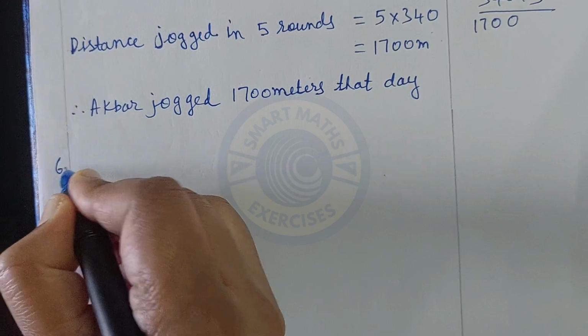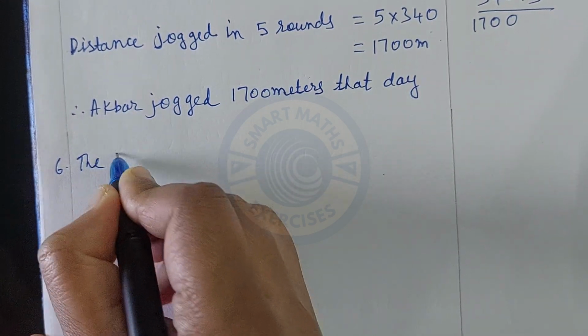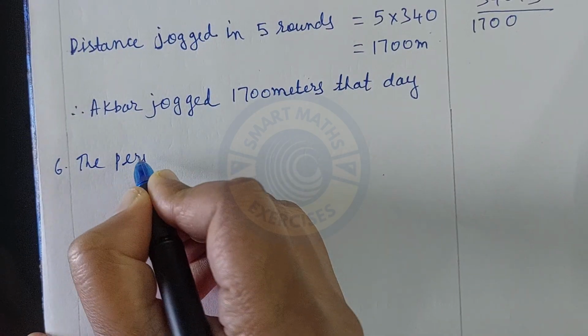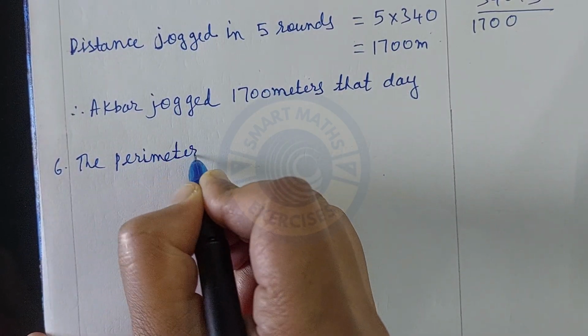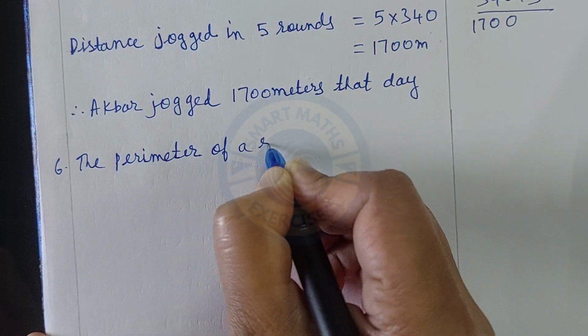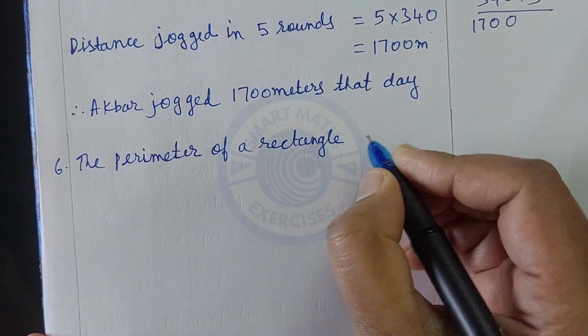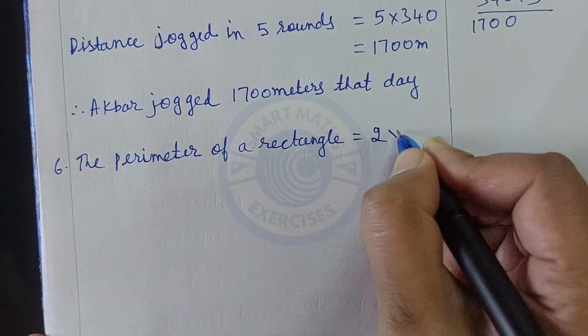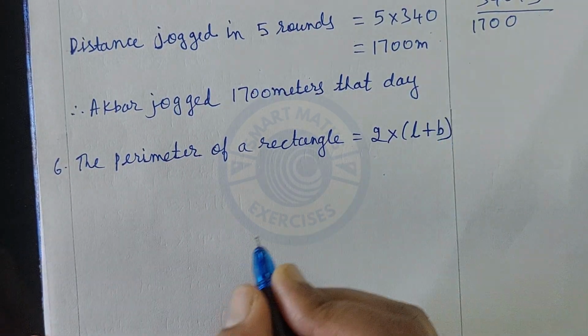First, let us write the formula to find out the perimeter of rectangle. Perimeter of a rectangle is 2 into length plus breadth.